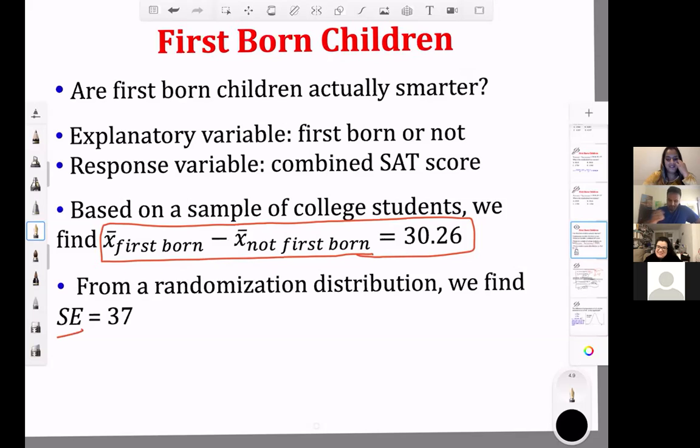Anyway, based on the sample of college students, we find the statistic here, 30.26 for the SAT. Then from the randomization distribution, we find the standard error is 37. So those are provided. What is the question?